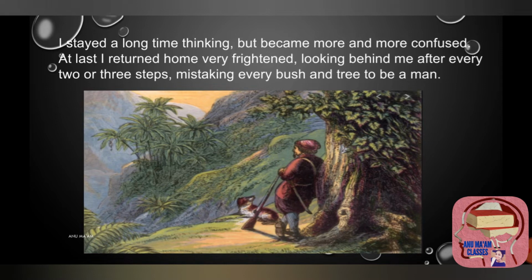After every two or three steps, he was looking back, looking on his right or left, everywhere. He was mistaking every bush and tree to be a man. He was thinking that every tree or bush could be a man. So he was very much frightened because according to him, he was alone on the island, right?